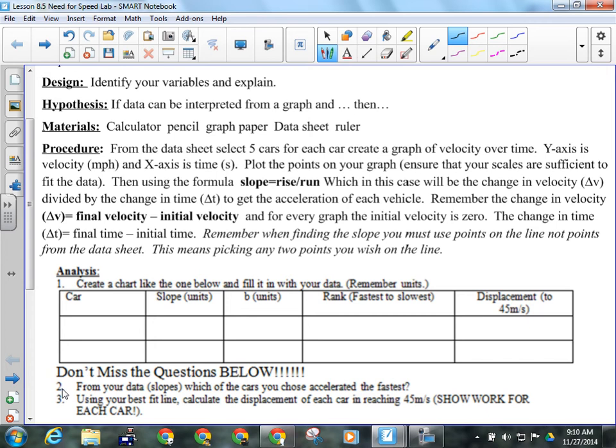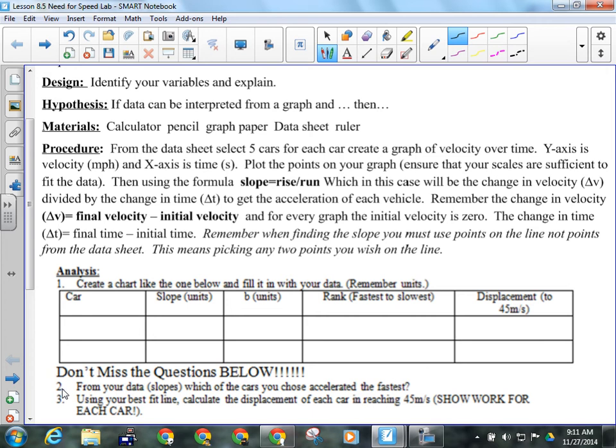Okay, so the other variables we're looking at would be velocity, and then any other variables that would be involved in testing cars on a racetrack, things like weather, tires, fuel level, driver, anything that could affect the rate at which these cars accelerate.